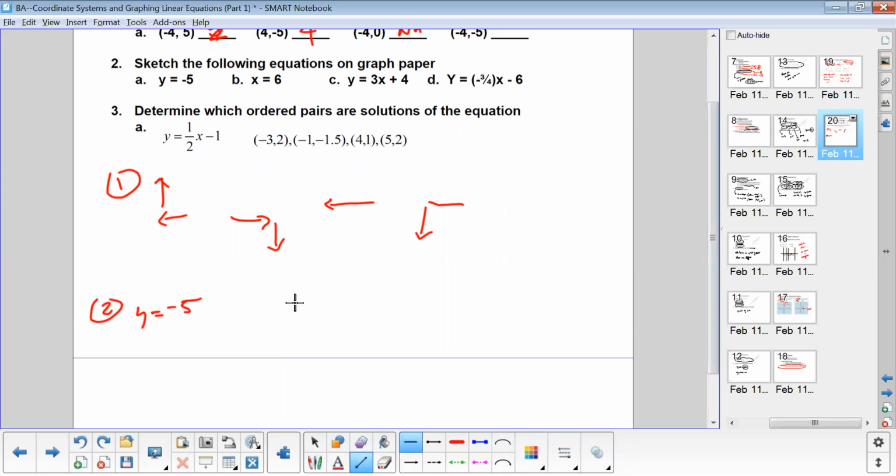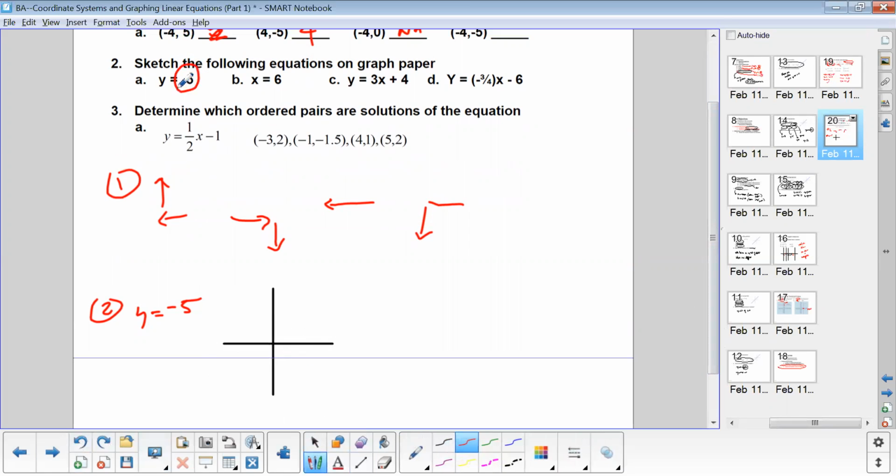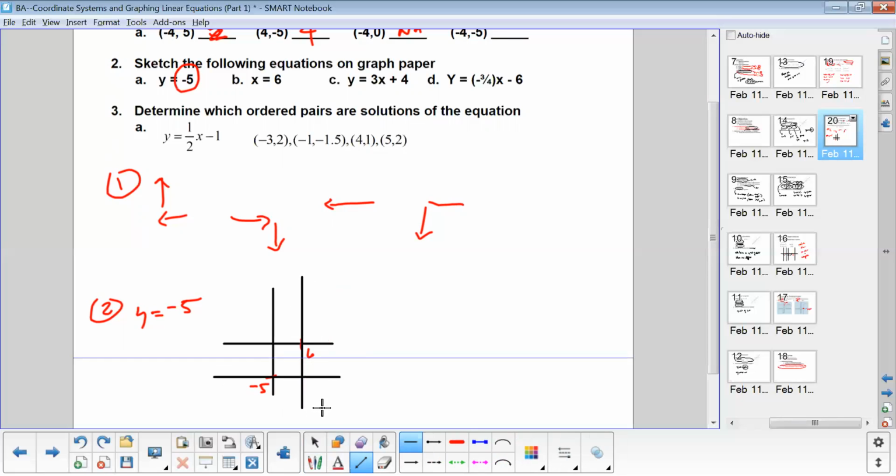If we had to sketch that, we know it crosses the y-intercept at -5, somewhere down here, and it would be a horizontal line crossing at y equals -5. Well, what about x equals 6? That would be somewhere over here, and it would cross the x-axis at x equals 6.